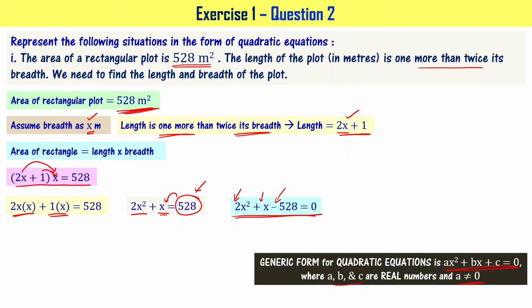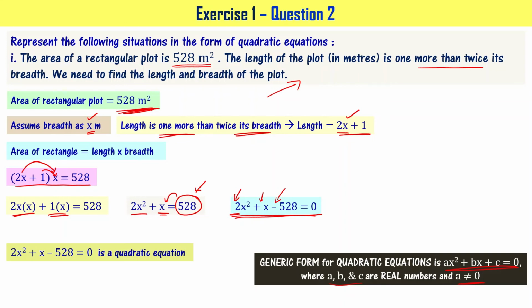All are real numbers, and a equal to 2 is not equal to 0. So it meets all the requirements. That's why we say that 2x square plus x minus 528 equal to 0 is a quadratic equation. So we have represented the given situation in the form of quadratic equation.